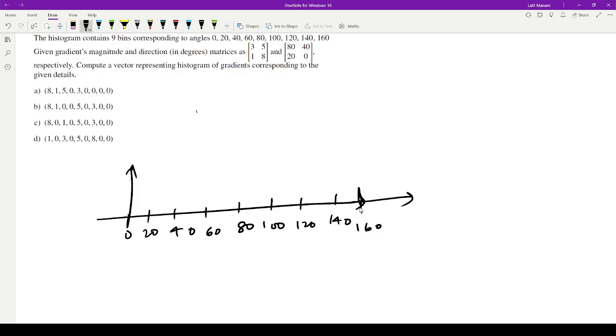Given the magnitude and direction in degrees as matrices: 3, 5, 1, 8, and 18, 80, 40, 20, 10.